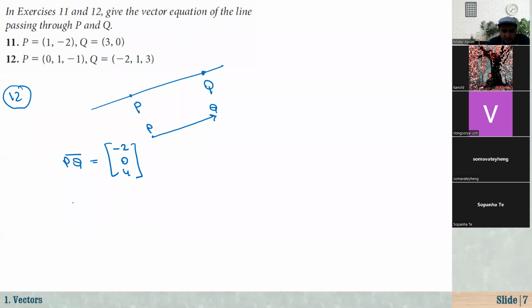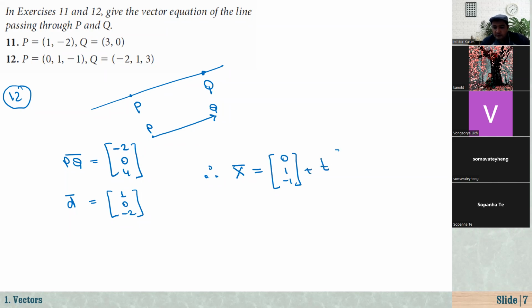Since we just need its direction, right? So our direction vector will be, if you multiply this by -1/2, 1, 0, -2. It looks much simpler, right? So the vector equation of this line will be any particular point, let's say this P, 0, 1, -1, plus t times the direction vector, that is 1, 0, -2.